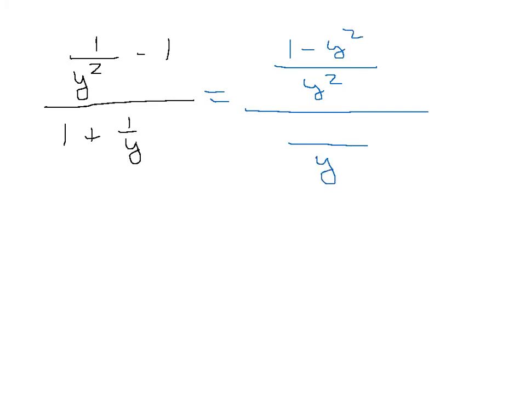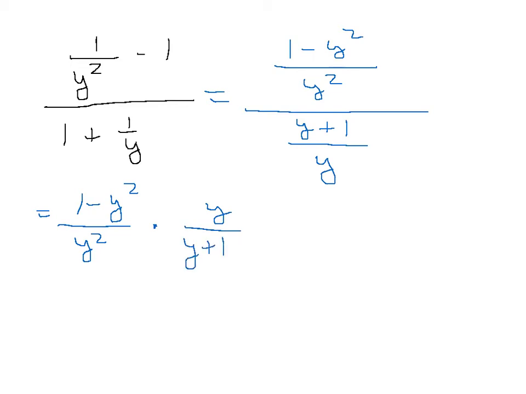On the bottom it's y, and I get y plus 1. So make sure you understand that before you go on. And what I'll do now is, instead of dividing, I'll multiply by the reciprocal. So I get 1 minus y squared over y squared times y over y plus 1.